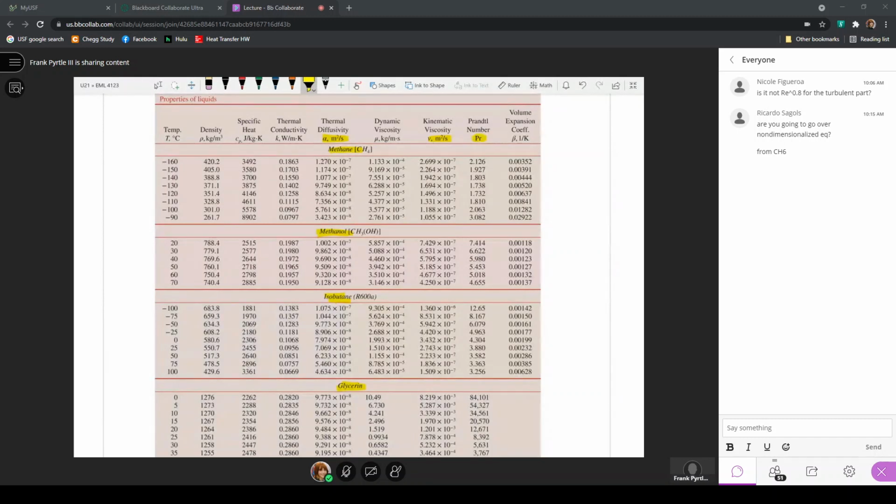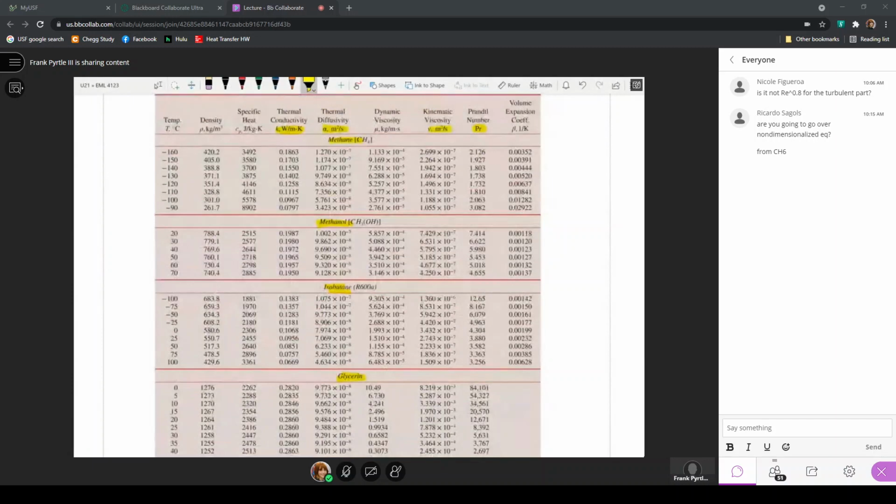We'll also need the thermal conductivity of the fluid, along with the Nusselt number, in order to get to the heat transfer coefficient. So we'll go ahead and get all these properties. Again, here, the thermal conductivity, the kinematic viscosity, and the Prandtl number.